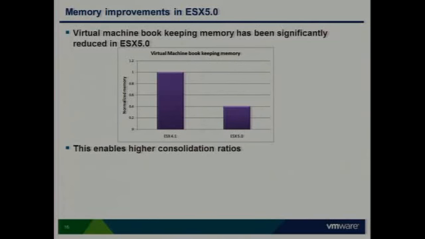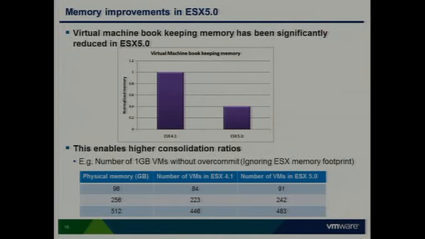So we have some example scenarios here. Let's assume you have 1 gigabyte VMs, you're not doing any overcommit of memory, and we'll ignore some of the other memory that the hypervisor needs to run. What we're seeing here is that if you have a physical server with 96 GB of RAM, on 4.1, you were able to run 84 VMs.